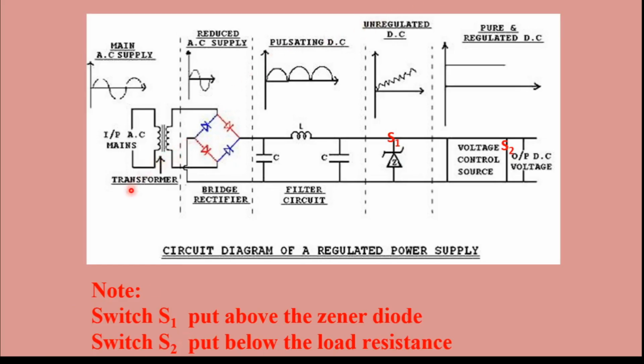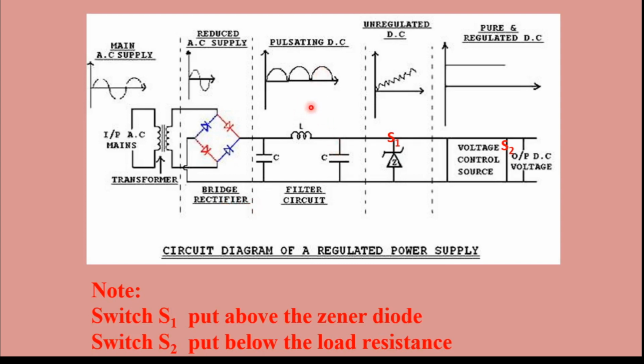The working of regulated power supply is shown here. From the figure, we see that when main AC voltage is applied on the input of the transformer, the transformer converts this main AC voltage to reduced AC voltage. Now, this reduced AC voltage is applied on the input of the bridge rectifier. The bridge rectifier converts this AC voltage into pulsating DC, and therefore we get pulsating DC from the output of the bridge rectifier.